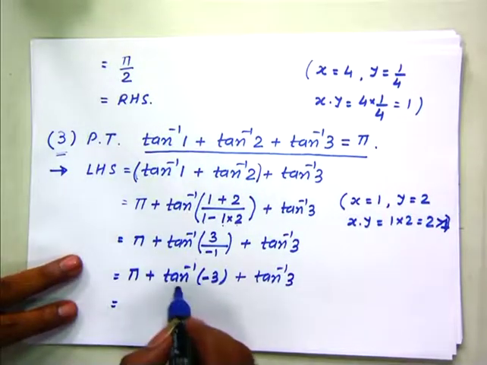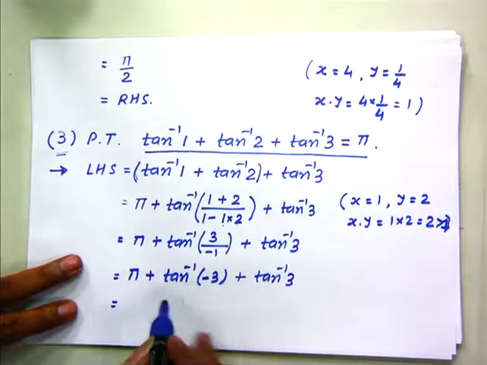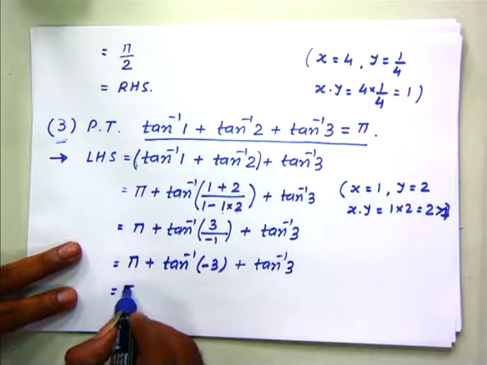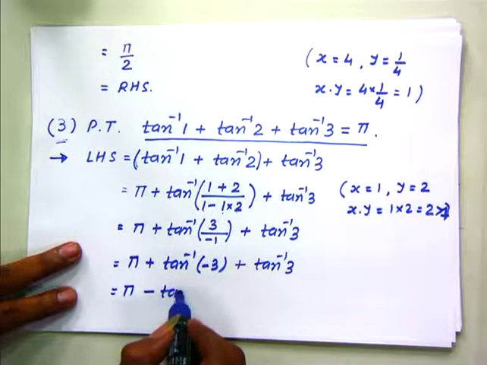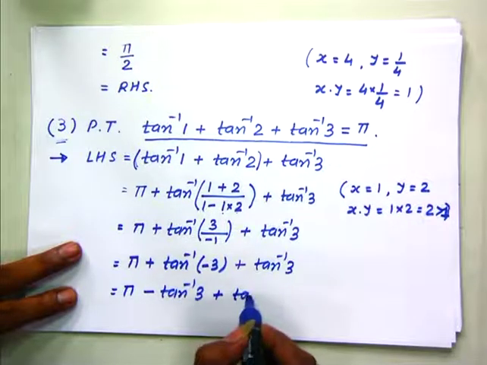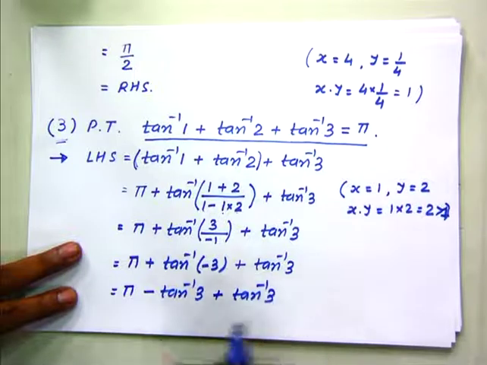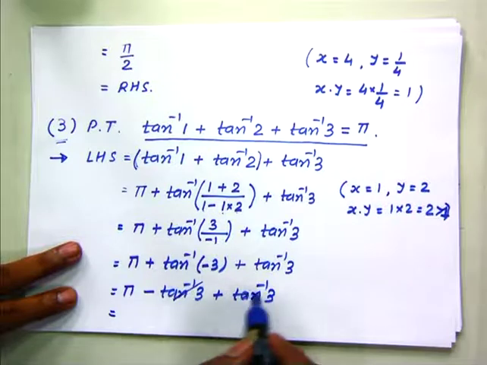Now in the last lecture we have learned that tan inverse minus x equal to minus tan inverse x. So pi, this tan inverse minus 3 is minus tan inverse 3, plus tan inverse 3. Minus tan inverse 3 and plus tan inverse 3 will be cancelled out.